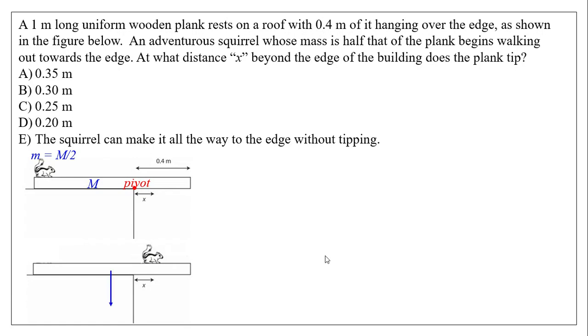All right, so here's F of G for the plank. I'm going to put that at the center of the plank, and that's simply the mass of the plank, capital M, times G, acceleration due to gravity.